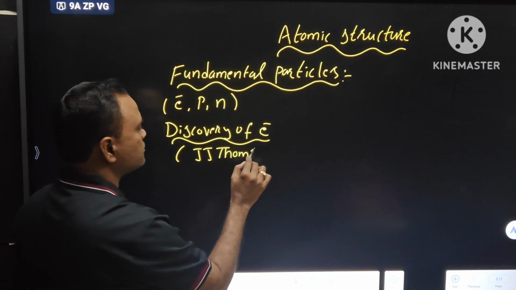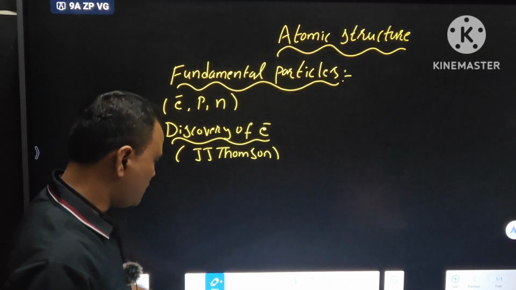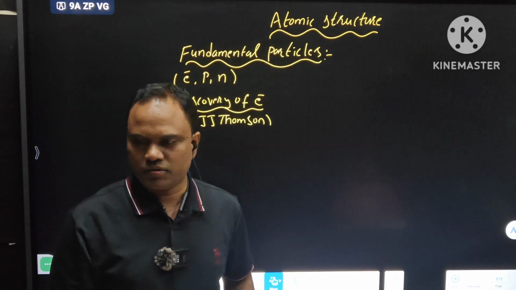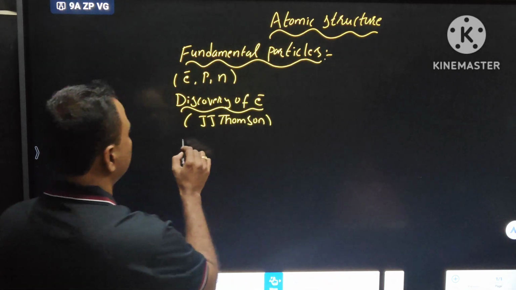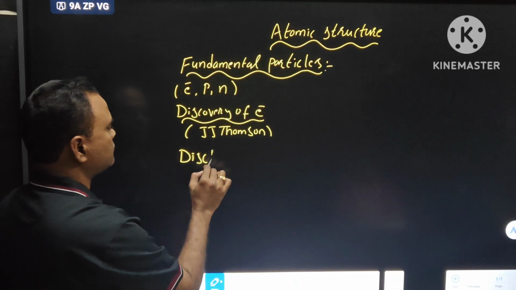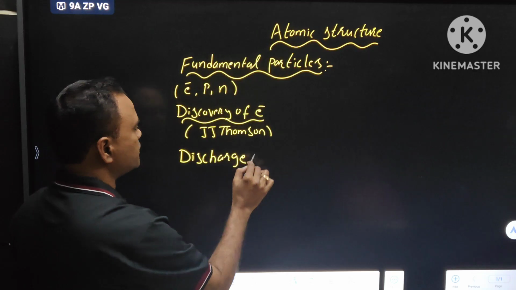Who discovered electrons? J.J. Thomson, with the help of a discharge tube. Discharge tube experiment.